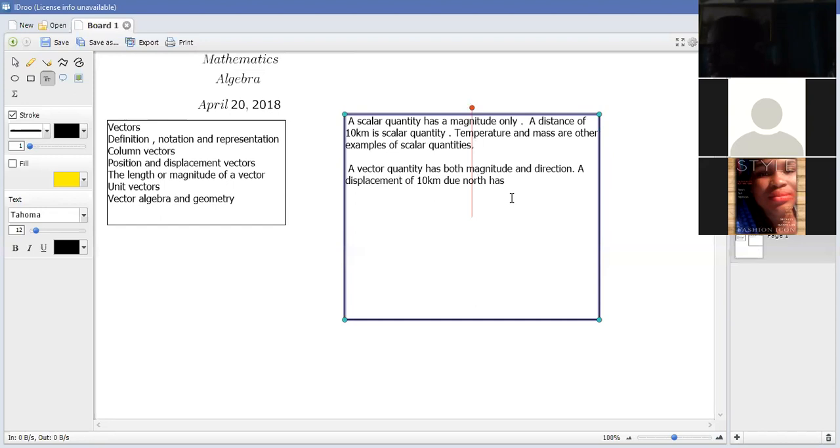It has a magnitude of 10 kilometers and a direction, due north.